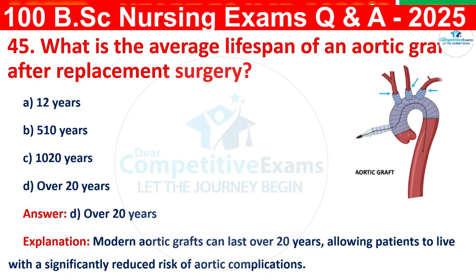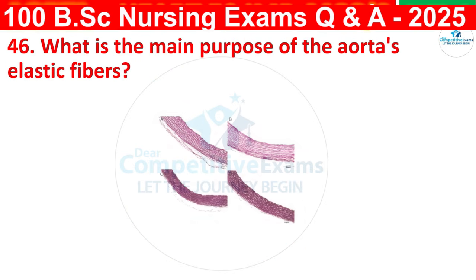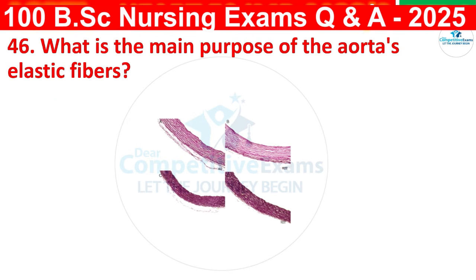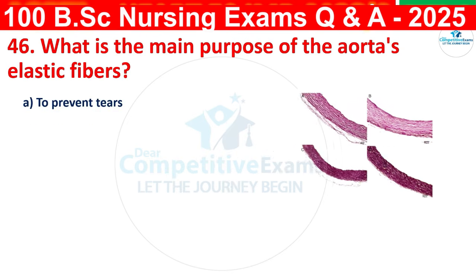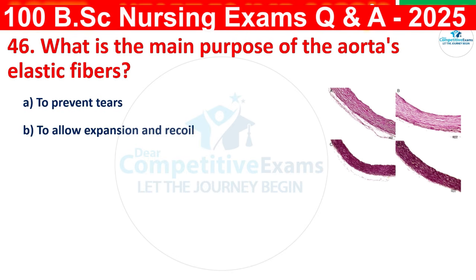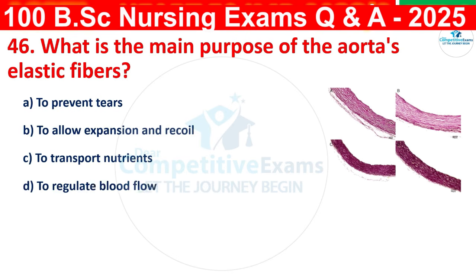Question number 46. What is the main purpose of the aorta's elastic fibers? Your options are to prevent tears, to allow expansion and recoil, to transport nutrients, or to regulate blood flow.